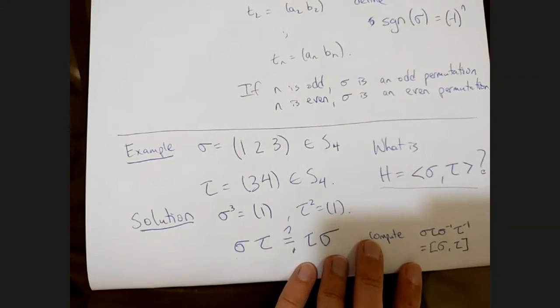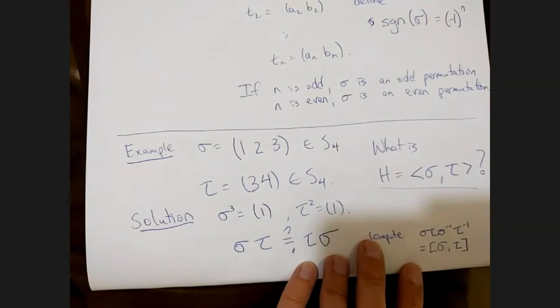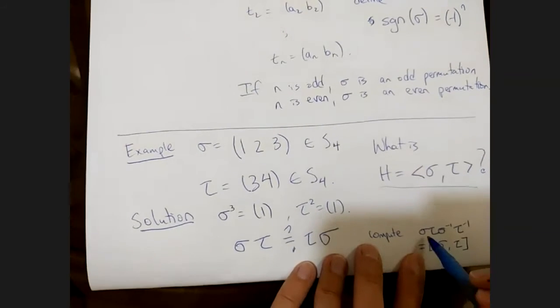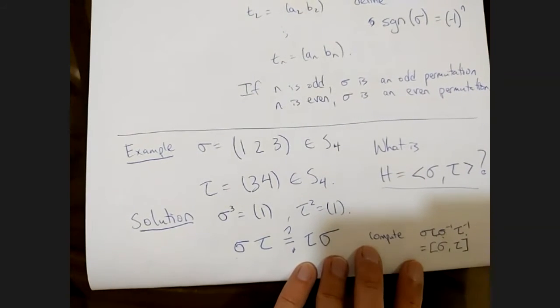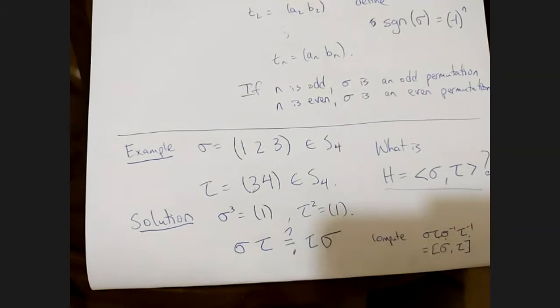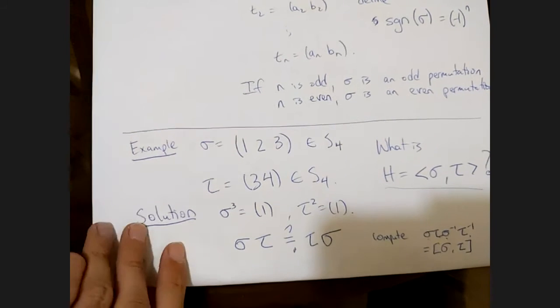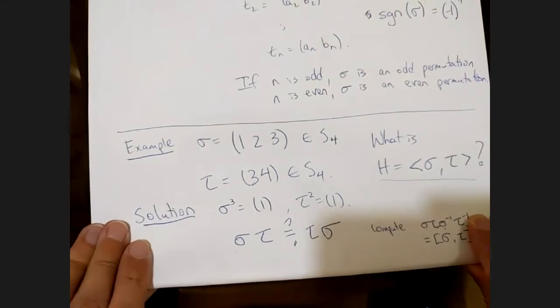So let's just go ahead and compute this, sigma tau sigma inverse tau inverse, see what it is, so that we can get information that way. First let's compute it and then let's see what that tells us.